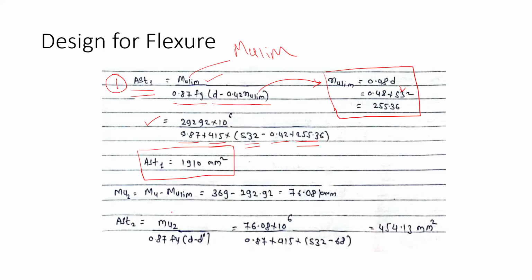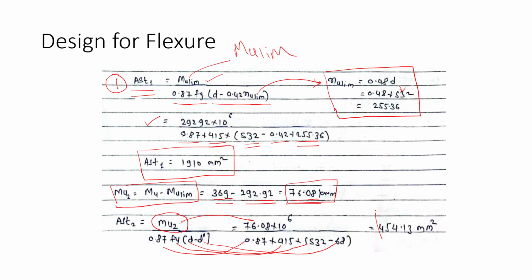For AST2, we will require Mu2, and it is very simple to calculate: Mu minus Mu limit. Mu is 369, Mu limit is 292. We will get Mu2 as 76.08. You put Mu2 here, as you can see, with 0.87, fy is 415, d is 532, and d dash we have already calculated during the effective depth.